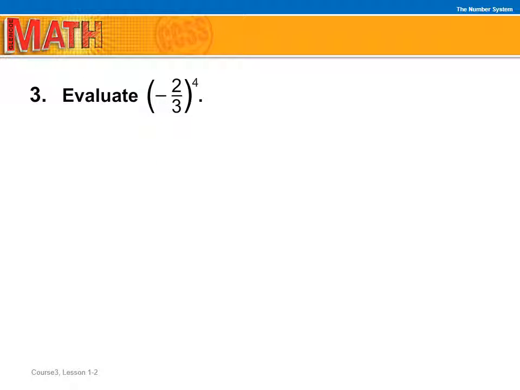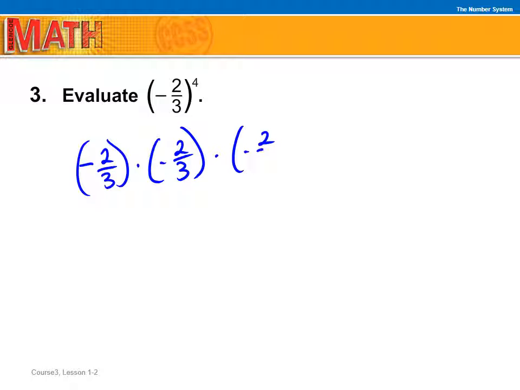For example 3, we are told to evaluate negative 2/3 to the 4th power. So what this is telling us is that we're going to multiply negative 2/3 times negative 2/3 times negative 2/3 times negative 2/3. So 4 times we are writing negative 2/3. And as you know, with multiplying fractions, you're just going to multiply across.